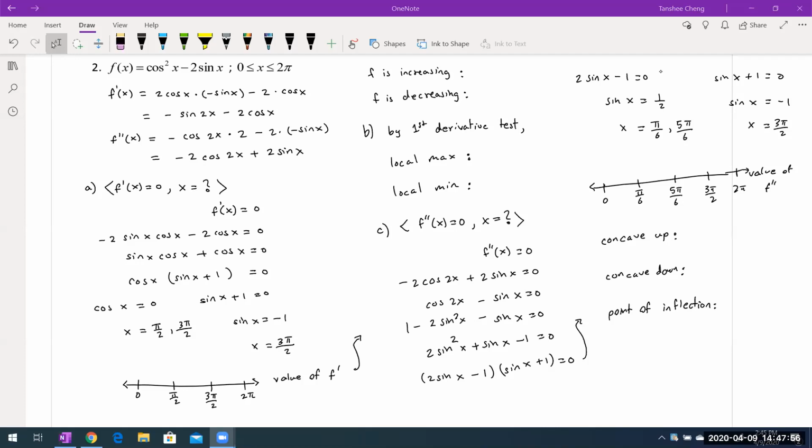If you simplify a little bit to make it easier to continue taking the second derivative, I use the identity to rewrite the first term into negative sine 2x. So I don't have to use the product rule to continue any further. That makes it a lot easier and shorter, and that's the simplifying part that I did.